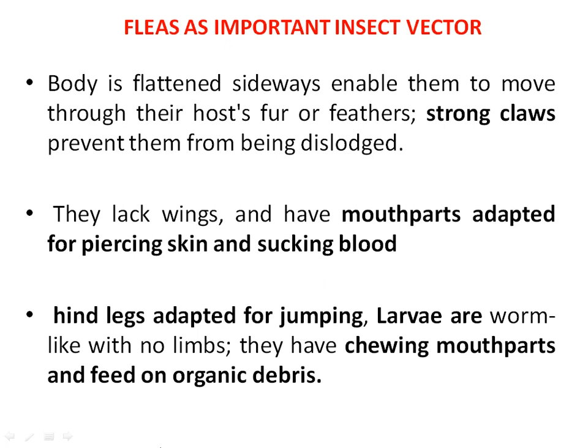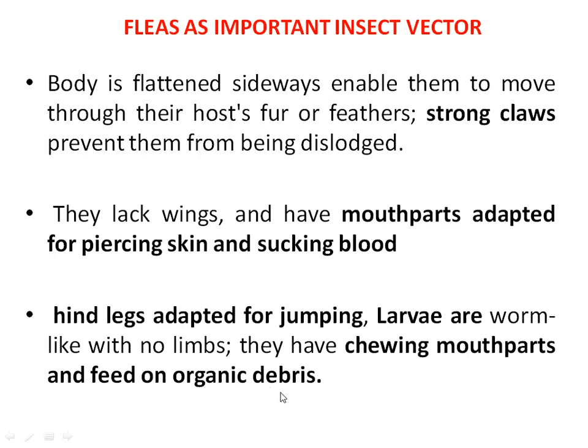Larvae are worm-like with no limbs. Limbs appear when the larva undergoes pupation. They have chewing type of mouth parts and feed on organic debris.